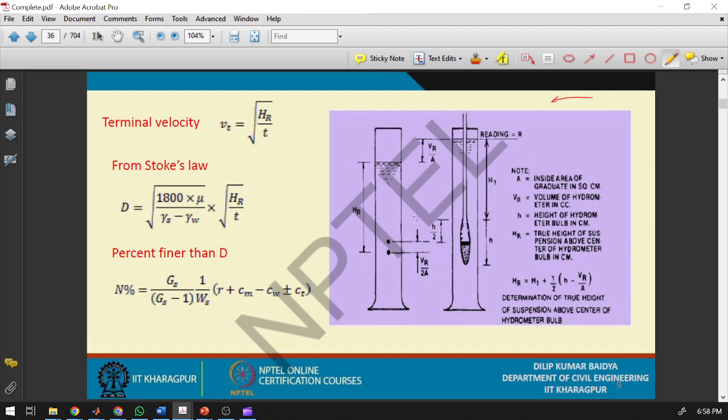But generally for less than 75 micron, we have the hydrometer analysis, which is based on the Stokes law, which states that a freely falling particle will achieve a terminal velocity. So this hydrometer basically measures the specific gravity of the suspension.